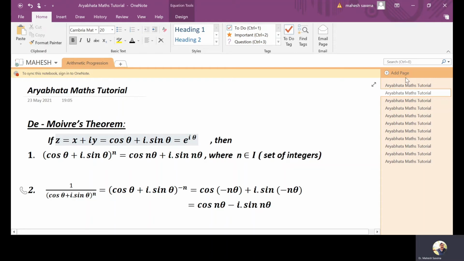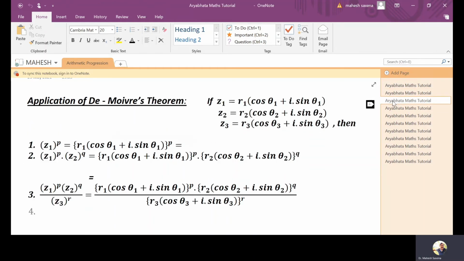Now we come to the application of De Moivre's theorem. Suppose three complex numbers in polar form are: first is z1 equal to r1 (cos theta 1 plus i sin theta 1). Similarly, second number z2 is equal to r2 (cos theta 2 plus i sin theta 2), and z3 is equal to r3 (cos theta 3 plus i sin theta 3).